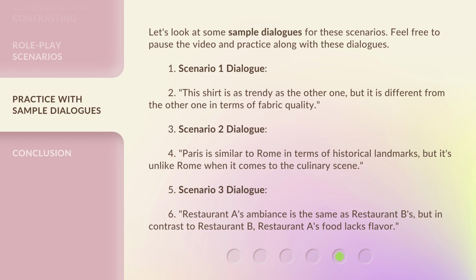Scenario 2 dialogue: Paris is similar to Rome in terms of historical landmarks, but it's unlike Rome when it comes to the culinary scene. Scenario 3 dialogue: Restaurant A's ambiance is the same as Restaurant B's, but in contrast to Restaurant B, Restaurant A's food lacks flavor.